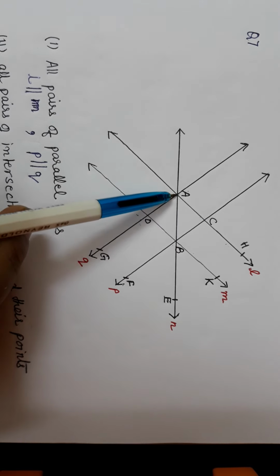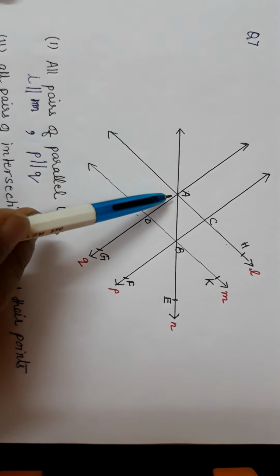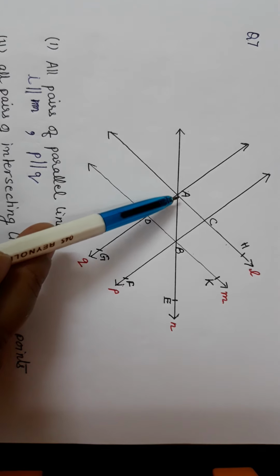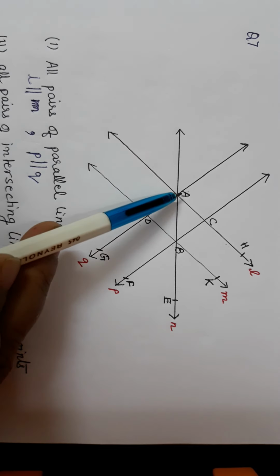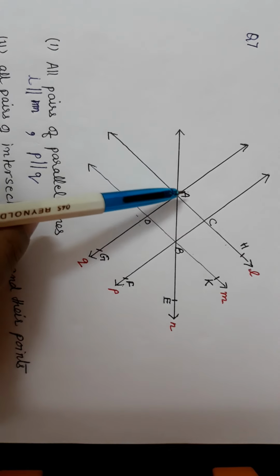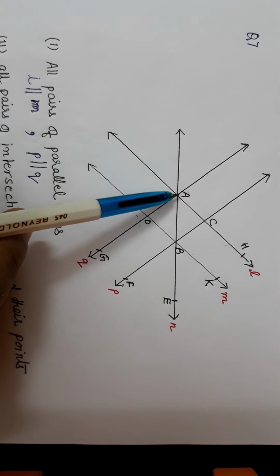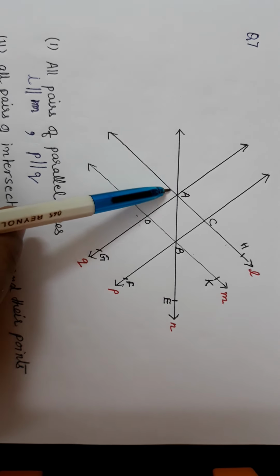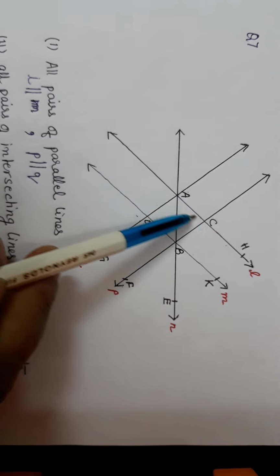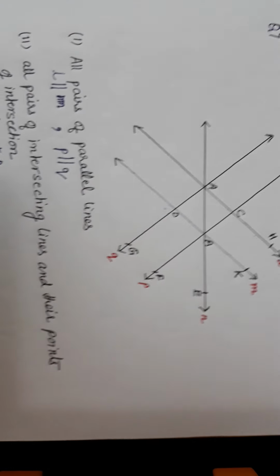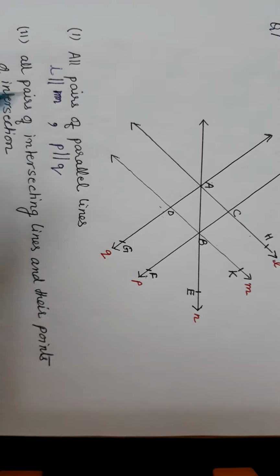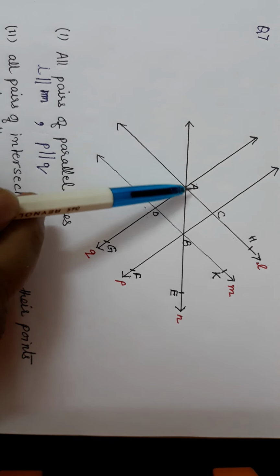So we take point A first and let us see how many points of intersection we can get at point A. First we take these two lines. This line is Q, this line is L. So L and Q at point A. Then we are done with this.